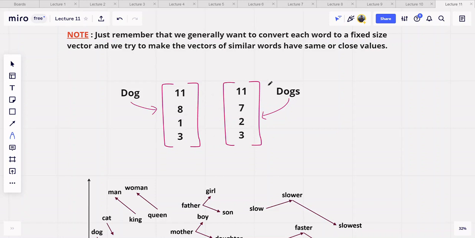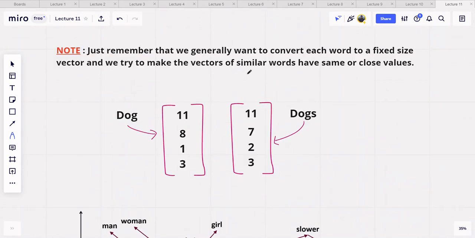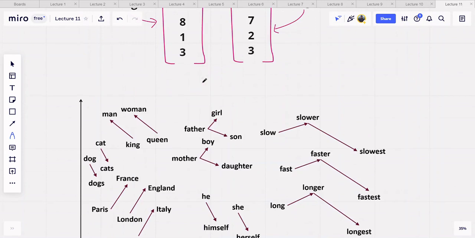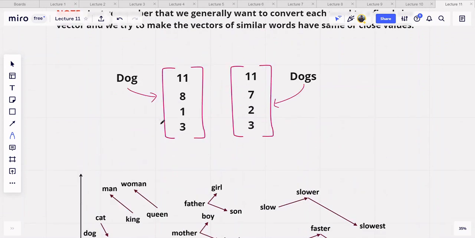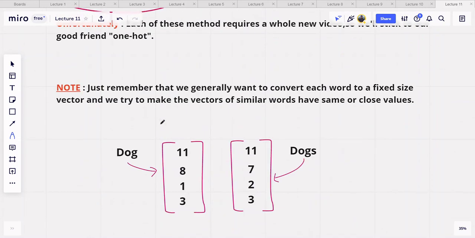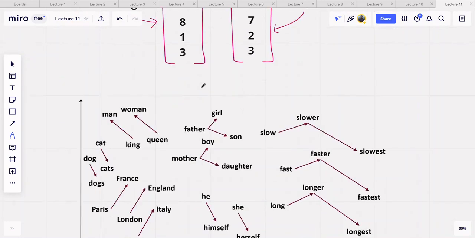If you plot these vectors on a 2D Cartesian coordinate system, you will see that similar words are very close to each other. This is our goal in natural language processing: whenever we are trying to convert text into numbers or words into vectors, our main goal is to convert words that have similar meaning to have very close values.